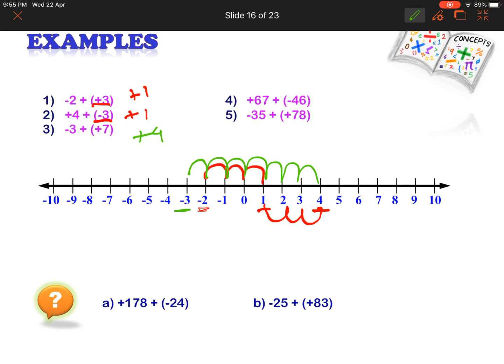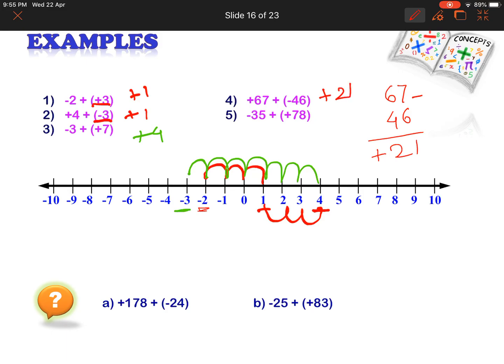Now for next example, we will use generic rule, that is find difference of absolute values of both integers and then give the sign of integer which has higher absolute value. So absolute value of plus 67 is 67, absolute value of minus 46 is 46, the difference is 21. Since 67 has higher absolute value, we will give plus sign to 21.